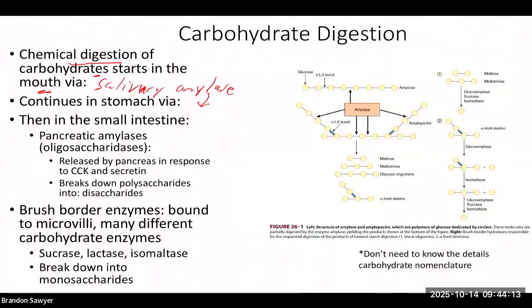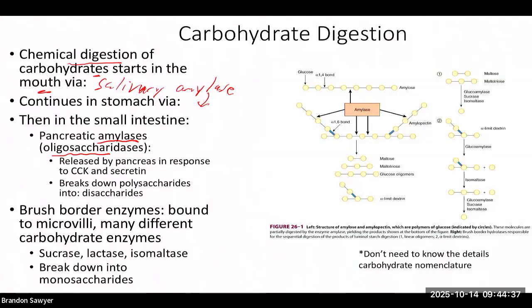And then once we get to the small intestine, we have lots of different amylases released. So pancreatic amylases, and a lot of these are what are called oligosaccharidases. So we're taking long chains of polysaccharides and breaking them down into smaller chains of polysaccharides.